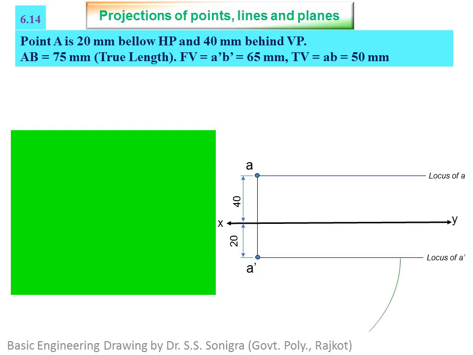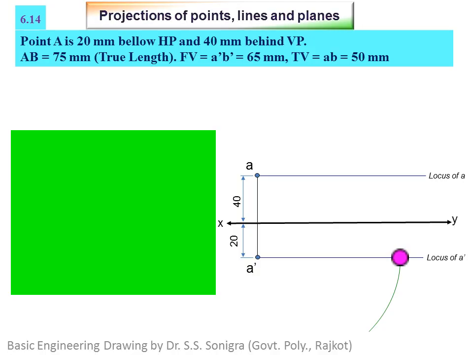So what can we draw? We can draw this arc, because the length of front view is given, that is 65 mm. So take 65 mm as a radius, A dash as a center, and draw an arc like this. B dash point will be somewhere on this arc. We don't know where B dash is, but obviously it will be on this arc.